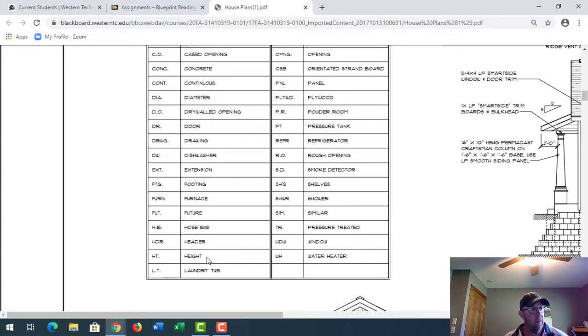Unit 6 is going to focus on plan views. We're going to talk a little bit about the site plan and what type of information you're going to be able to find from it, and then of course floor plans and foundation plans, where you can pick out information like dimensions of rooms and things like that.